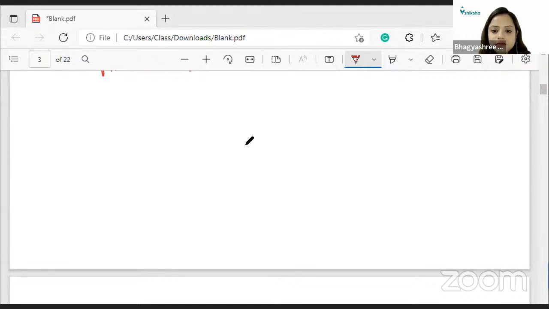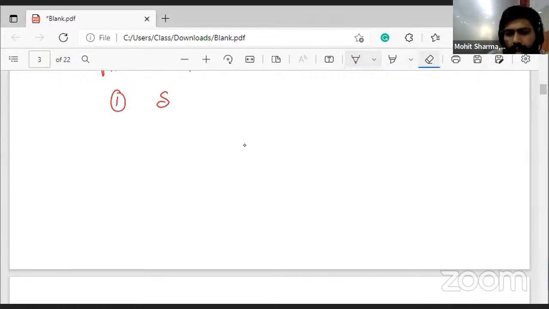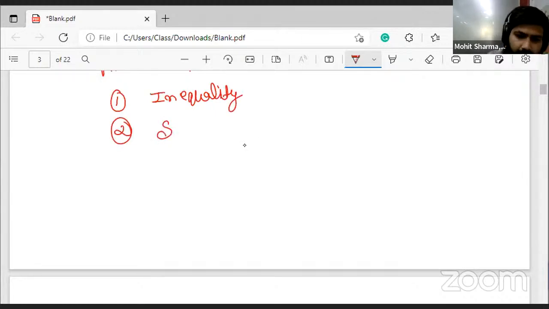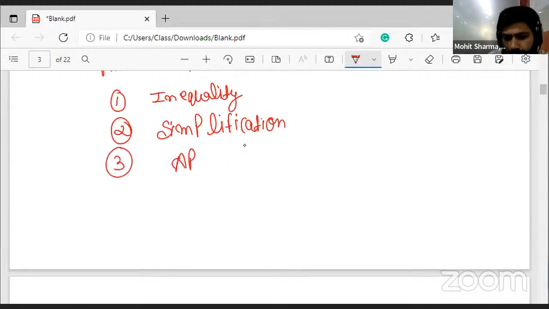Like, first, inequality. Second is simplification. Third is approximation.